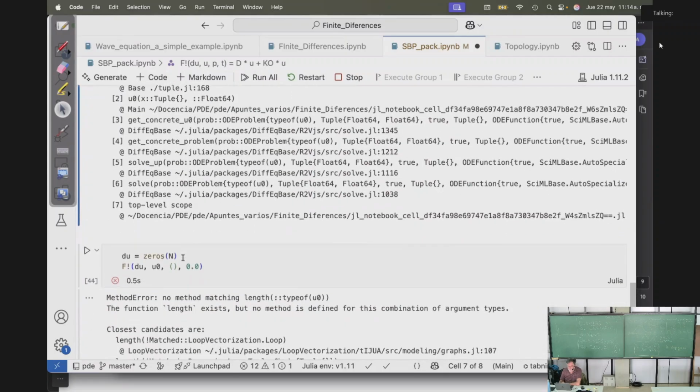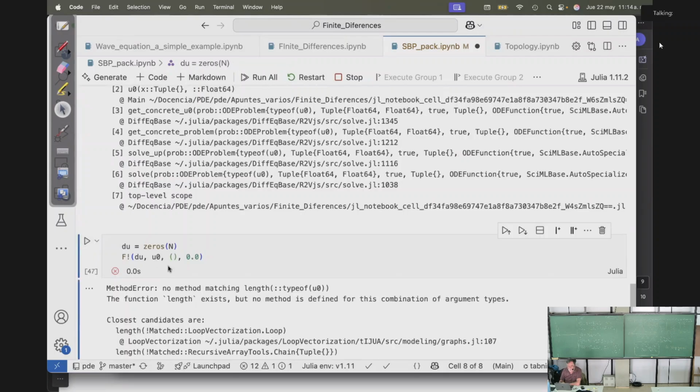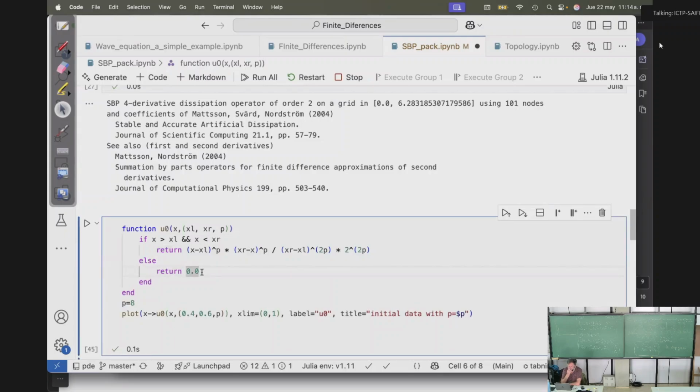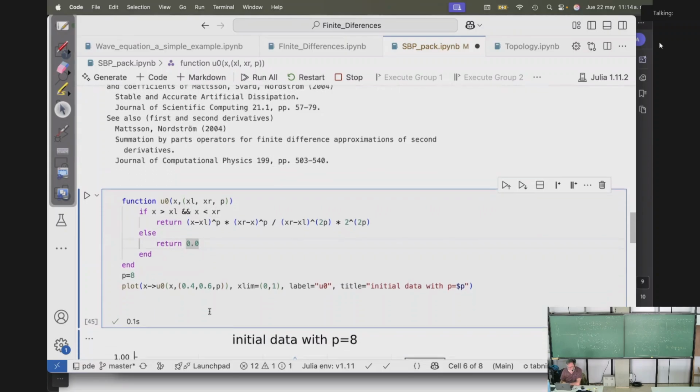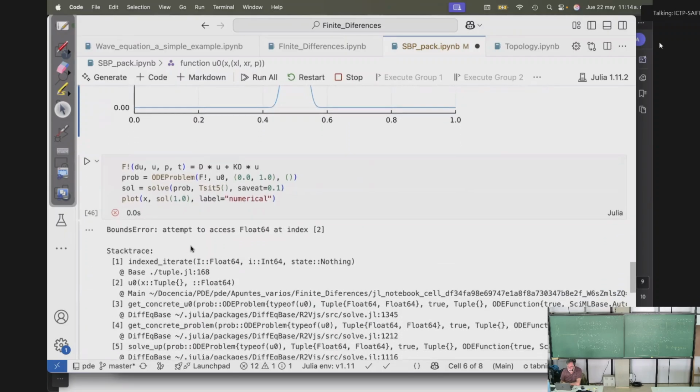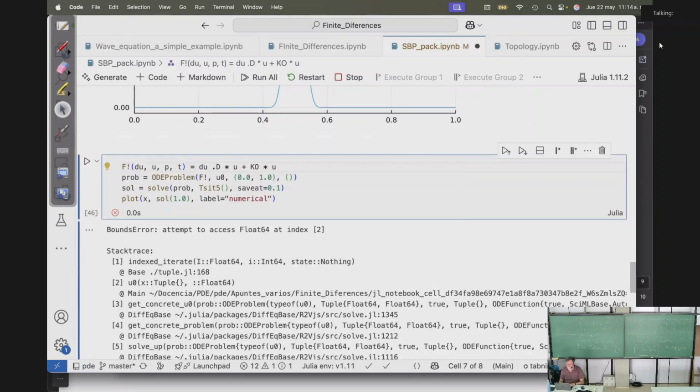I thought it was the problem that it was making the U0 real.